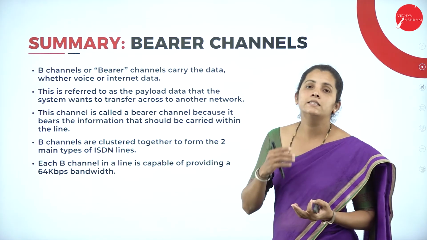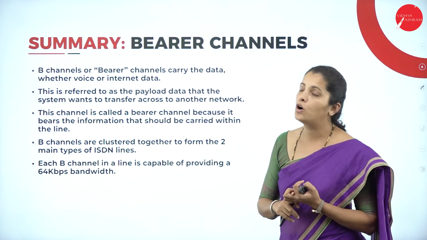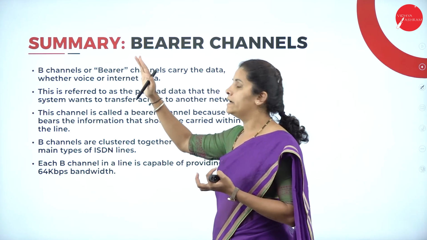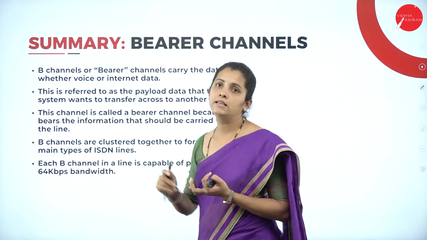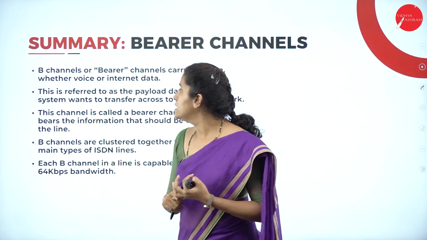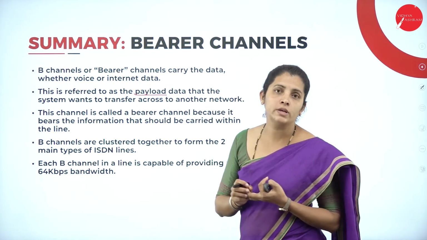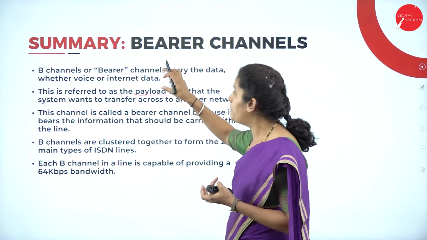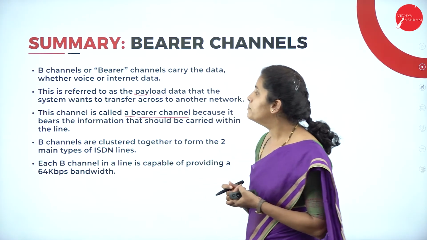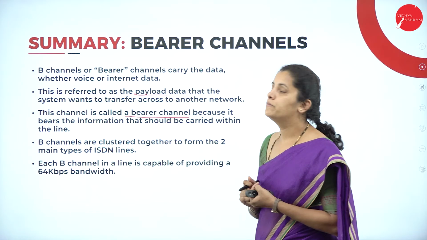Moving further, let's see the summary of B channel. So here B channel is also called bearer channel. It carries data, whether voice or internet data. So here the B channel is mainly designed to carry the data and voice, and it's also referred to as payload. So whatever data it's going to carry is referred to as payload. And the channel is called bearer channel because the bearer is the information that should be carried within the line.